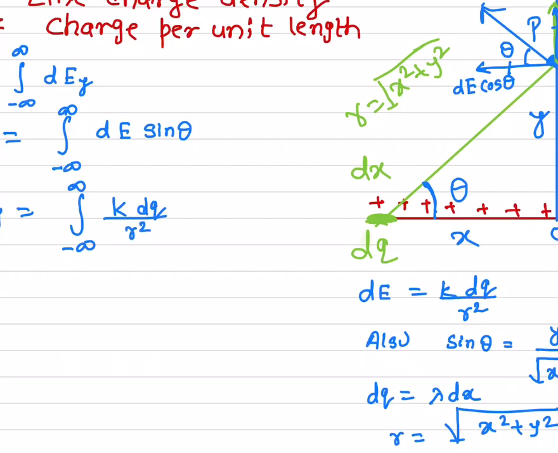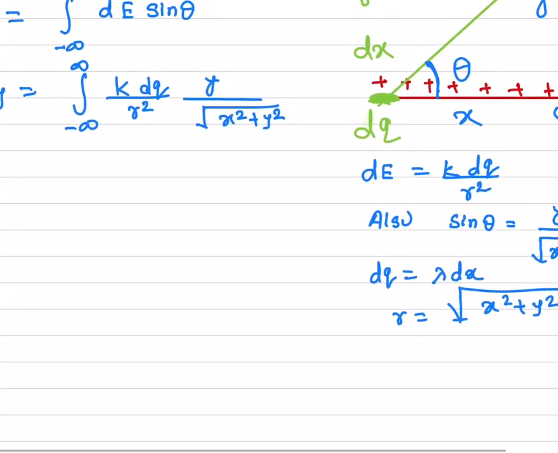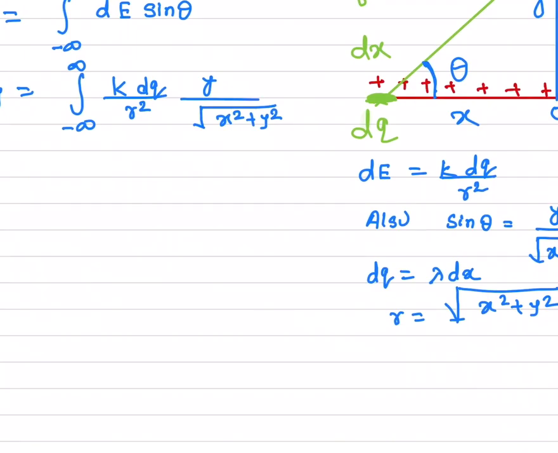K dq over r squared. And this sine theta is also given here, and the value is y over the square root of x squared plus y squared. Okay, so now let's solve it.